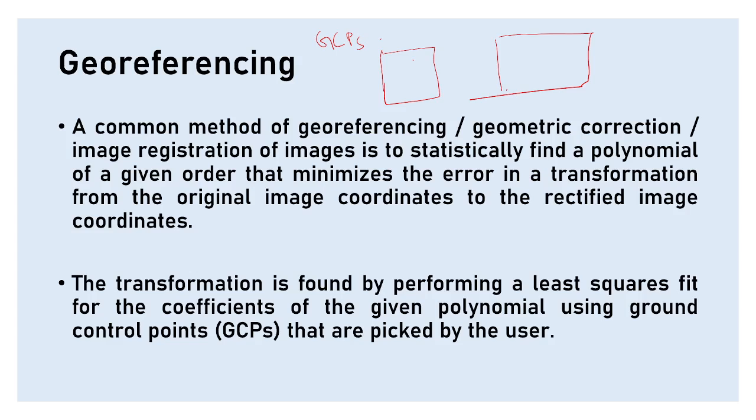The common points you will mark in both images are known as ground control points. Using these ground control points, we'll find a polynomial which fits them, and then you do the transformation accordingly to account for the errors.